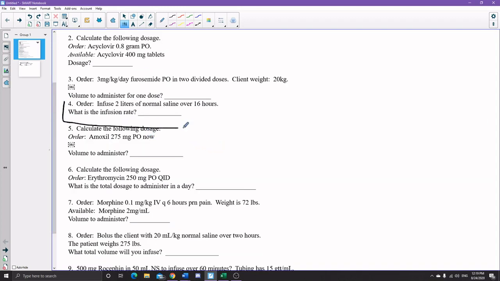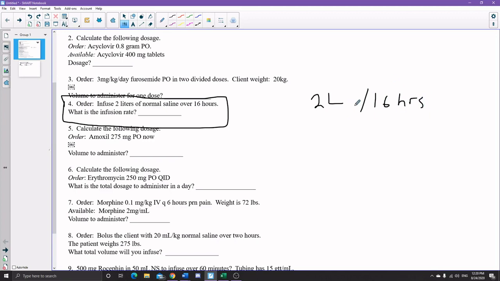I'll just highlight it right here. Okay, so our order is to infuse 2 liters of normal saline over 16 hours. What's the infusion rate? So what I like to do is 2 liters over 16 hours.